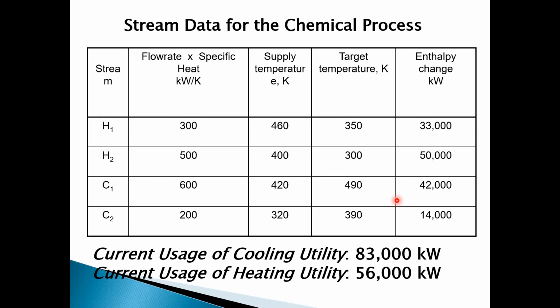For this case, it is obvious it's not integrated. Maybe other processes are already integrated or have a lot of integration. So generally, the first step is to set the energy target. How do we set the energy target? By using the pinch analysis, pinch technology.